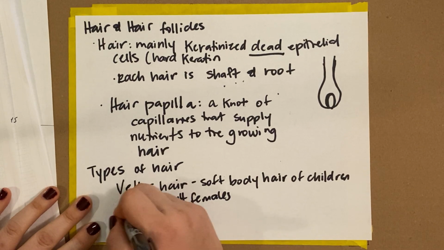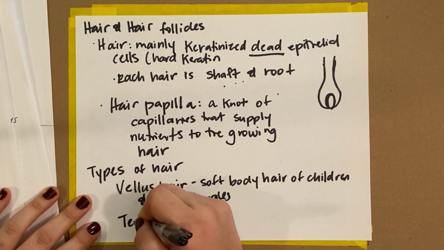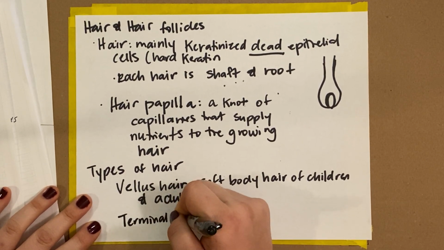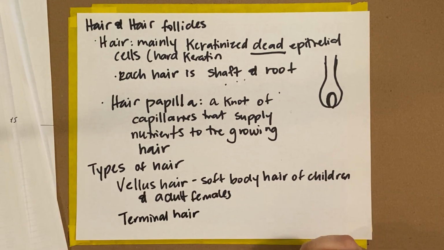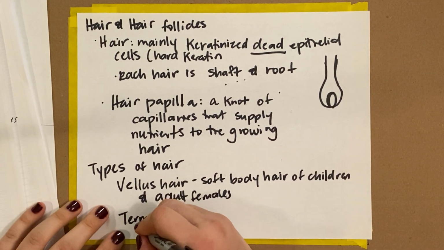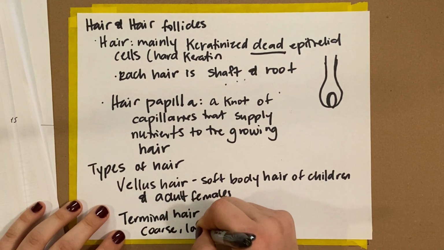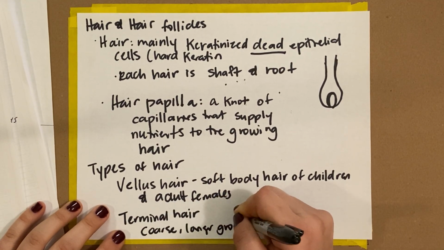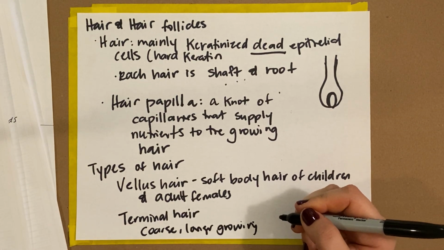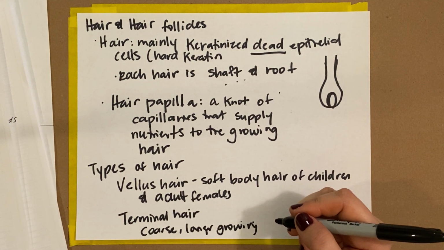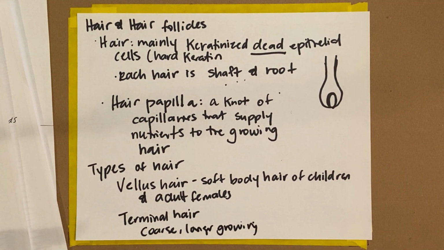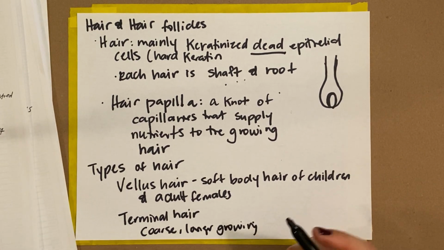And then the other type is called terminal hair. That's basically all the other types of hair. It's coarse and longer growing. This is what you find on your head. It could be your eyebrows, pubic hair, all that kind of stuff, and adult men have this in more locations.